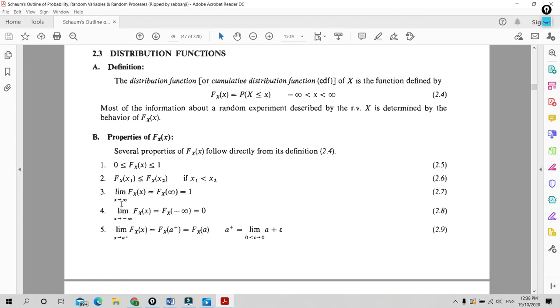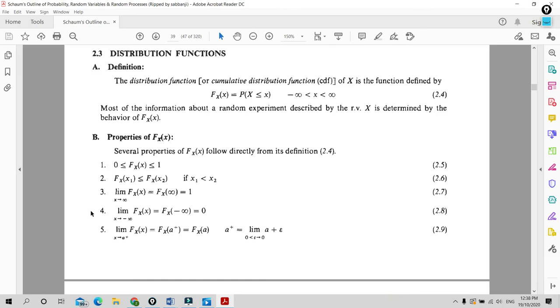If x approaches infinity, F(x) approaches 1. If x approaches negative infinity, then F(x) equals 0. The limit here must be equal to that.